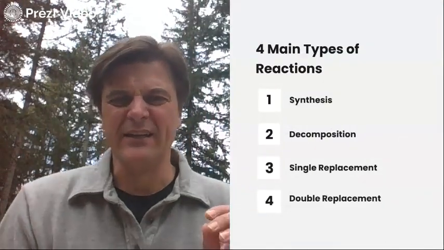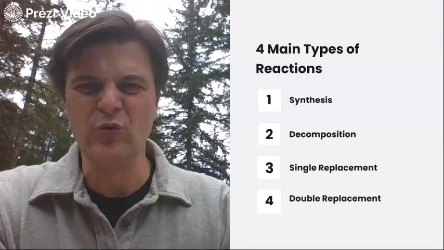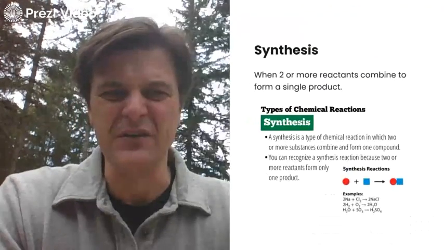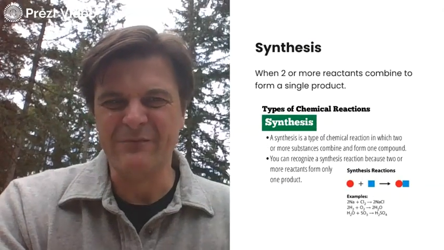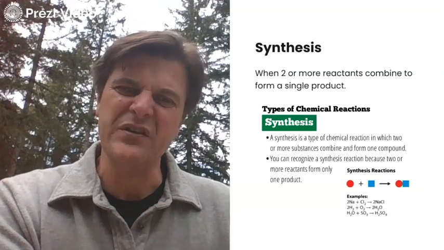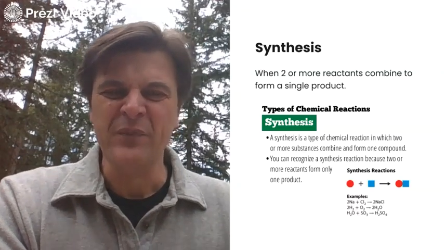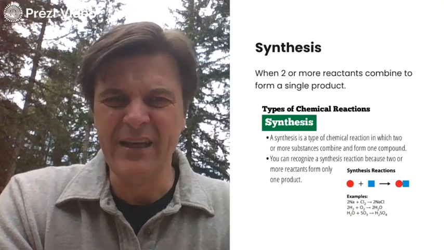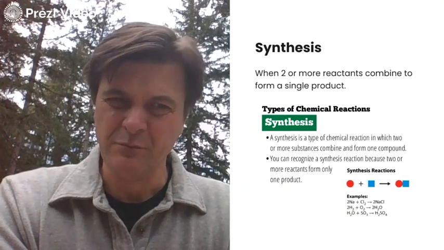So let's look at these four types of chemical reaction, each one a little bit more in detail. The first one is the synthesis. A synthesis is kind of what the name implies: you're making something. A synthesis, a production, making. This is what happens when two elements combine together to form a product.